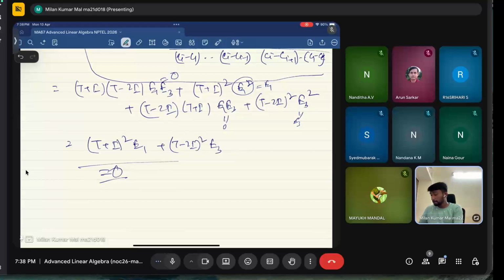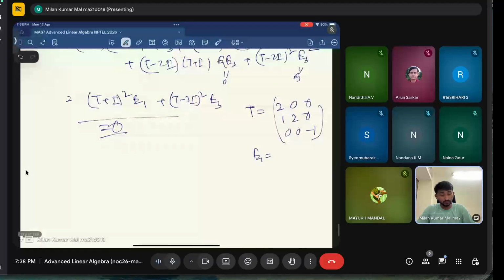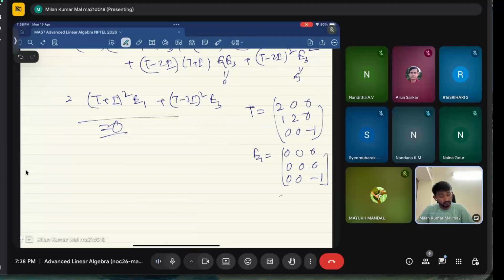Because T plus I, what was T? Recall T is the matrix with diagonal 2, 2, minus 1, right? And the matrix corresponding to E1 is corresponding to minus 1, so this will be 0 0 0, 0 0 0, 0 0 minus 1. The matrix representation of E1 will be this one, and the matrix representation of E3 will be 2 0 0, 0 2 0, 0 0 minus 1.